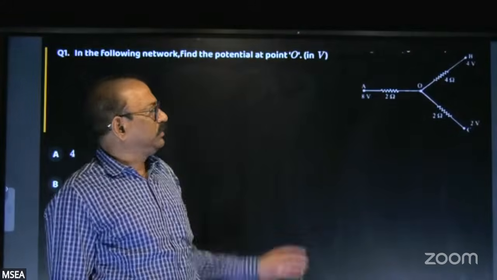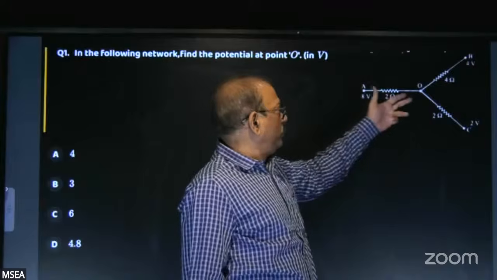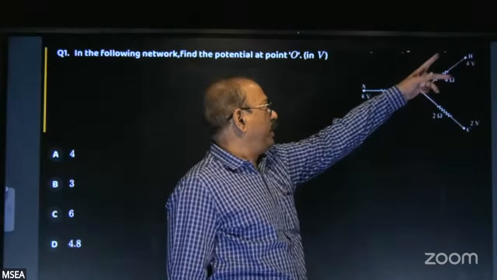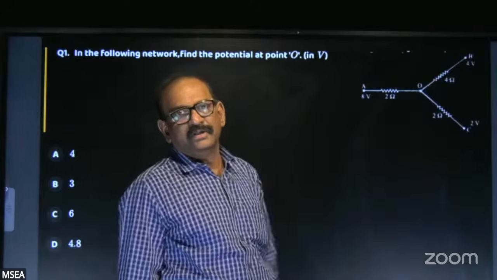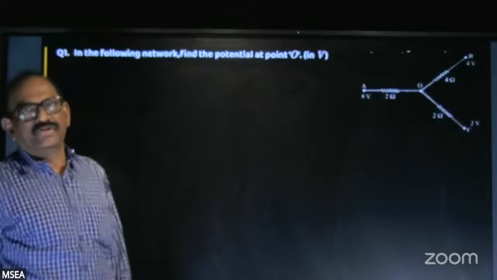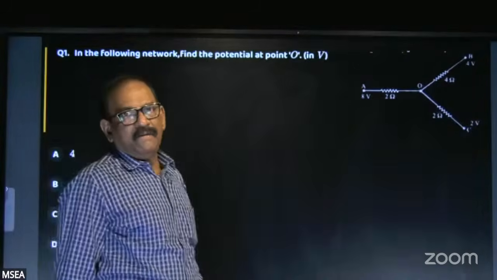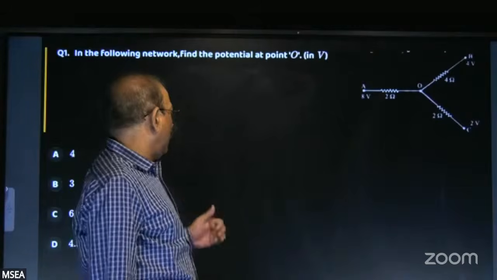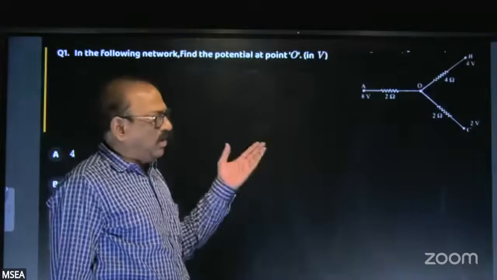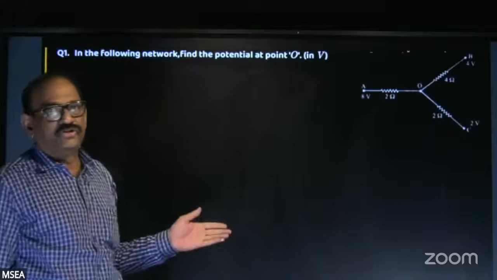What is that first law? Law of junctions, law of currents. The total current flowing into the junction is equal to the total current flowing out of the junction. This law is nothing but the law of conservation of charge. And you know the second law, Kirchhoff's second law, the law of voltages or law of loops, that is the law of conservation of energy.